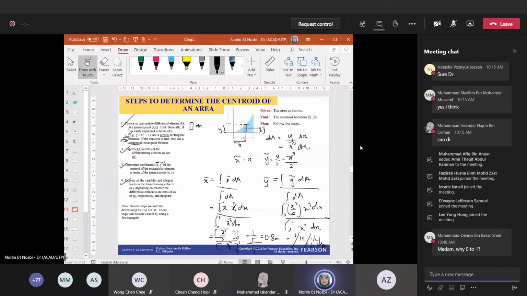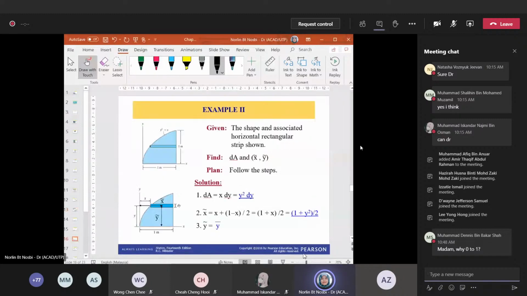Then you need to express the area depending on which element, x or y. If horizontal, it would be dy. So dA equals dy. Then you need to find the coordinates of the center. This one is step 2.